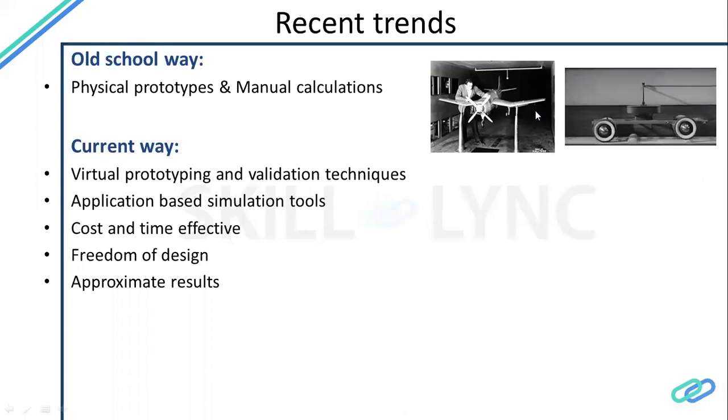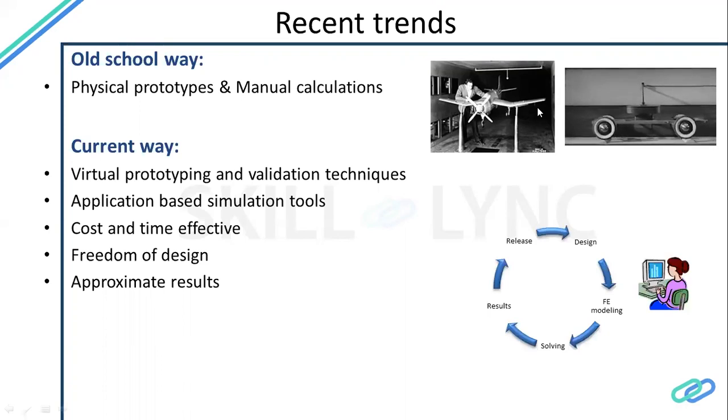But in CAE simulations, the accuracy level drops, and this is a major problem which every industry is currently facing. So companies are putting more time and effort into developing software which can solve accurately and within less time. This is the current scenario in the industries nowadays.